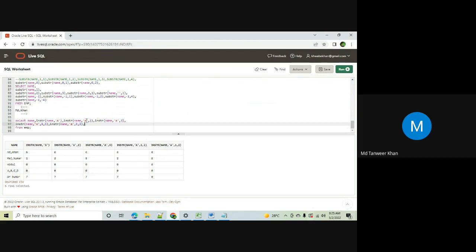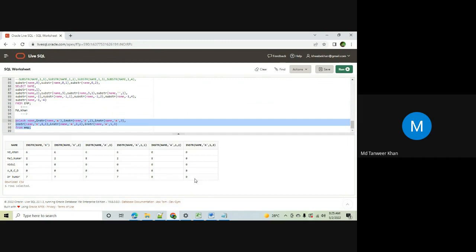Or else, you can write here 3. So now for this, these are all 0. Why? Because you're searching for the third occurrence of A, but there is no third occurrence of A here. That's why these are all 0.